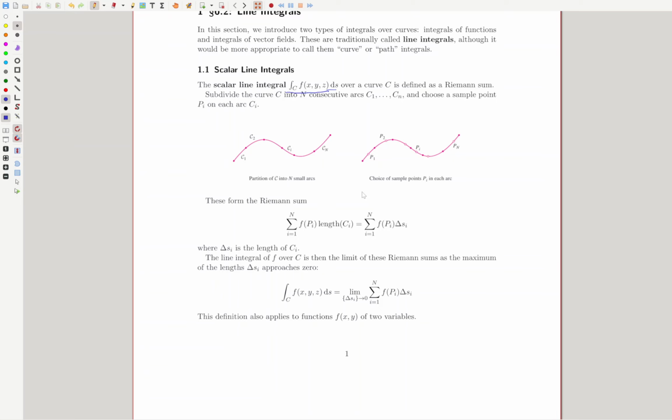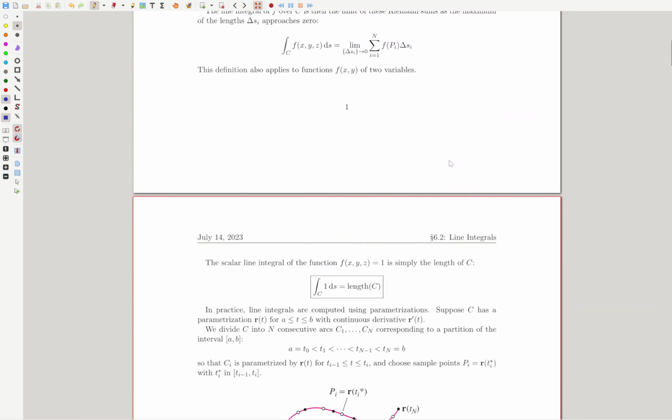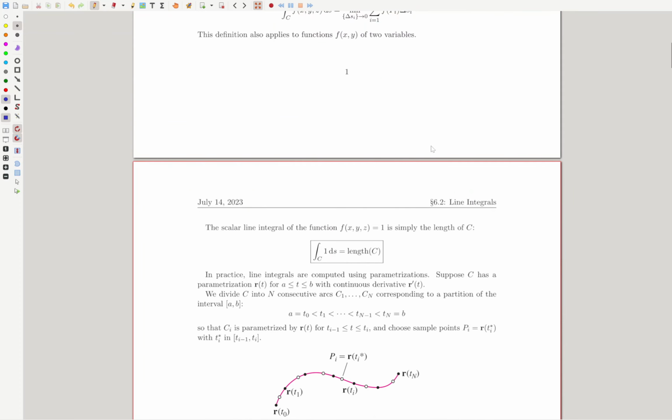It was also defined as a Riemann sum. And we're not going to use this definition in practice, but this is where it's coming from, conceptually. Before I introduce that more useful calculative approach, we have this property.